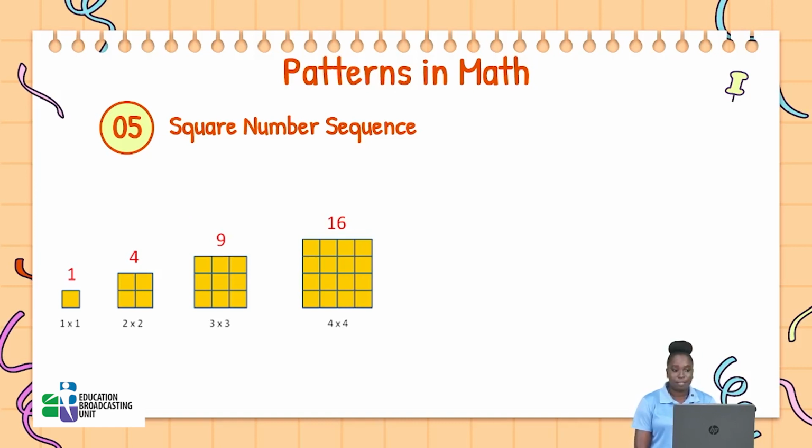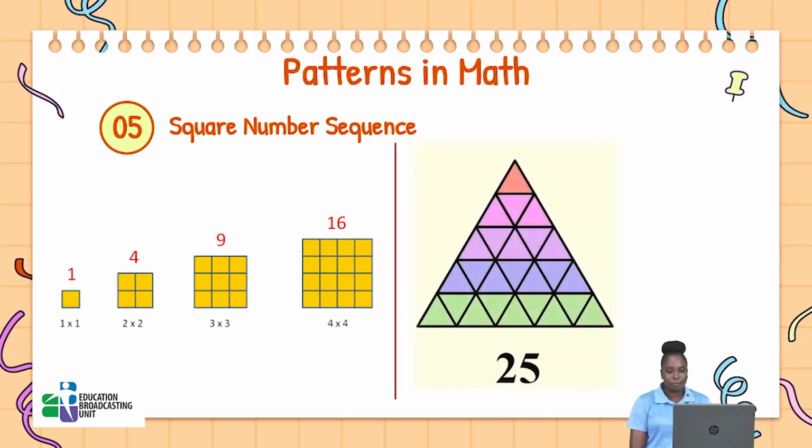Our fifth pattern is a square number sequence. The square number sequence is the representation of the numbers in the form of a square arranged in a series or sequence. A square number sequence may also be represented in the form of a triangle, as seen on the screen.